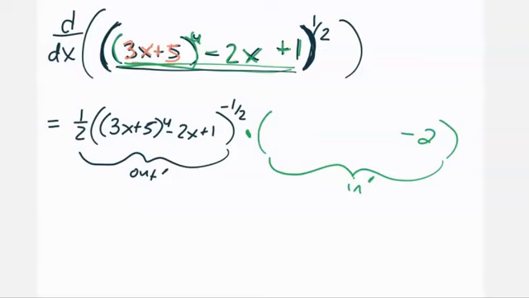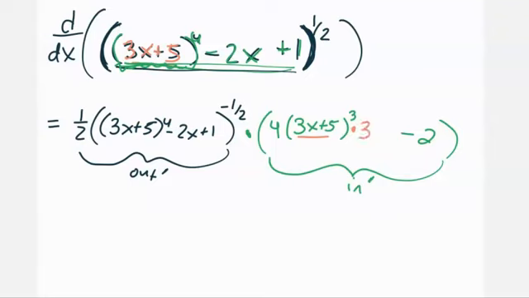Then this is the part where I also need chain rule to be a little bit careful here. So I have something to the fourth. The derivative of that is 4 something to the third. And I leave the something alone, so 3x plus 5 isn't going anywhere. But then I have to multiply the derivative of the inside there, which is 3.